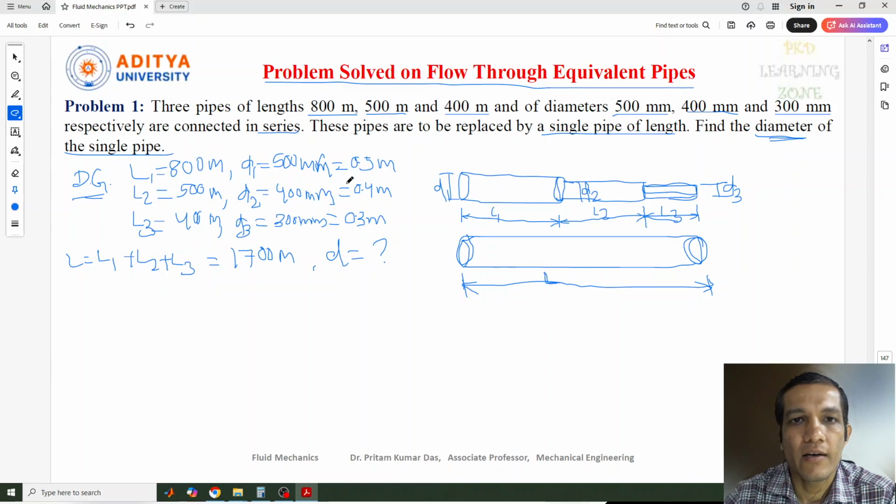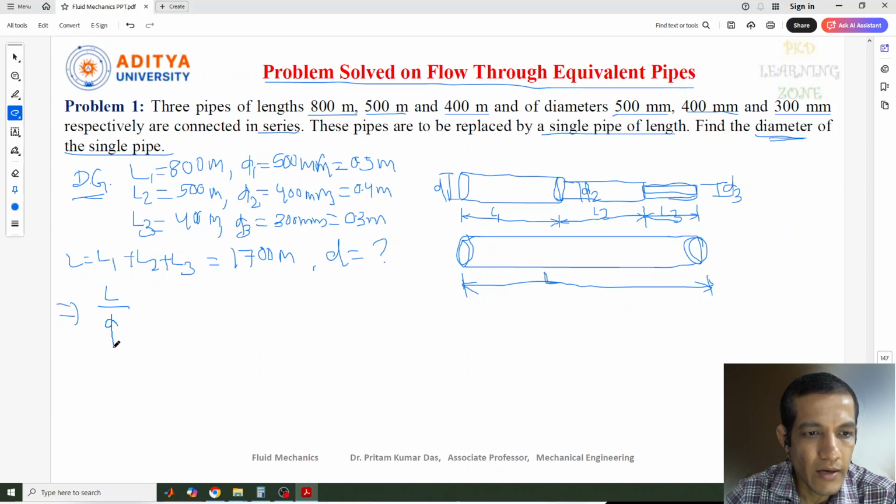We know the formula to find the equivalent pipe length or diameter. The length is already given, so to find the diameter we can use the formula: L by D to the power 5 equals L1 by D1 to the power 5, plus L2 by D2 to the power 5, plus L3 by D3 to the power 5.